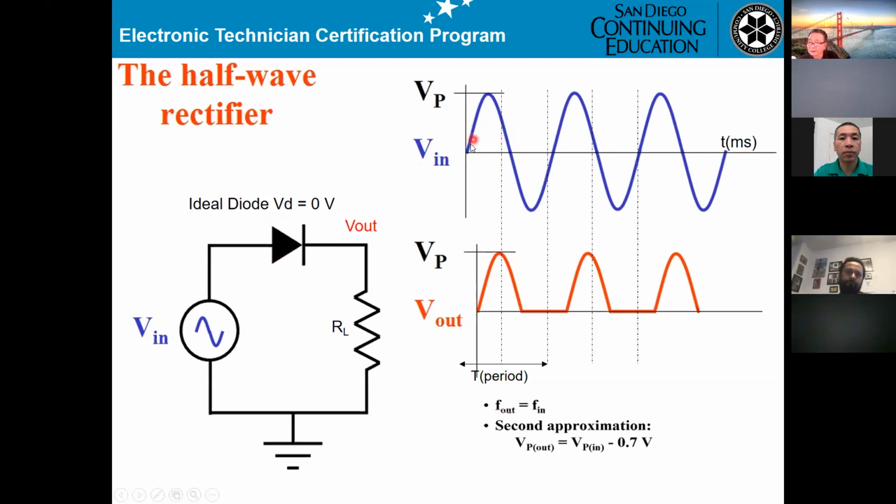When it's on, the positive part of the sine wave goes to the output, and you can see that exactly on the oscilloscope. When the input goes negative, the diode will be open and the output will be zero.